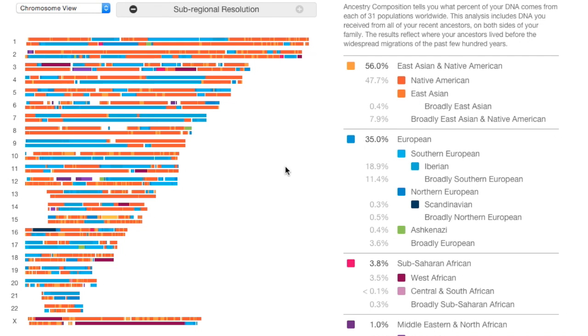So, on to my mother. This is my mother's ancestry painting. As you can see, it's more diverse, more of a mixture. You see a lot of European, a lot of Native American, and African.